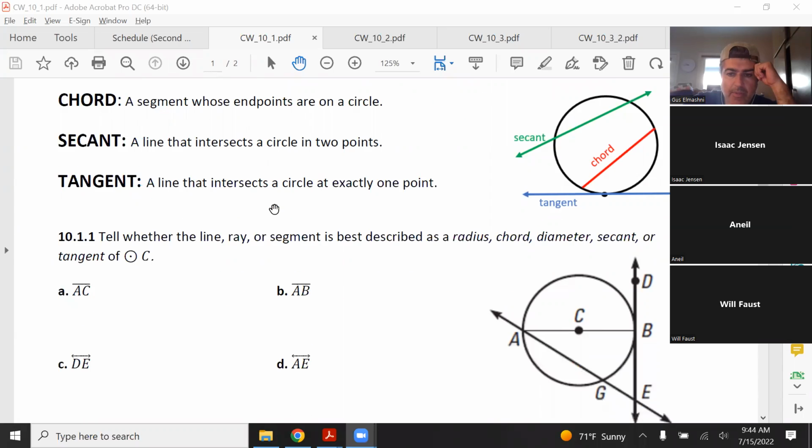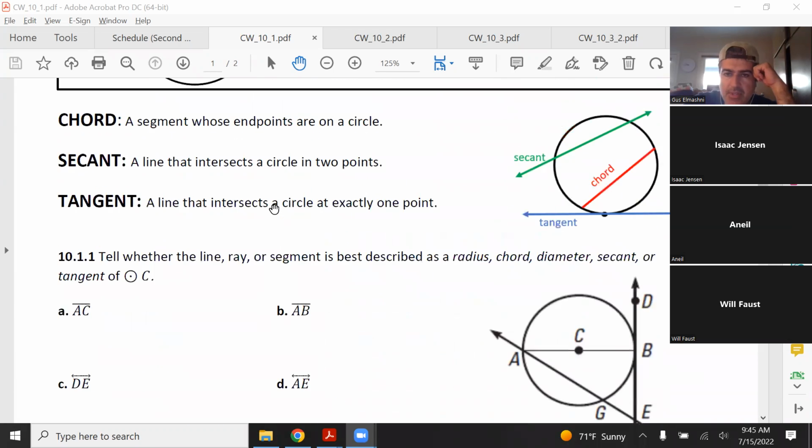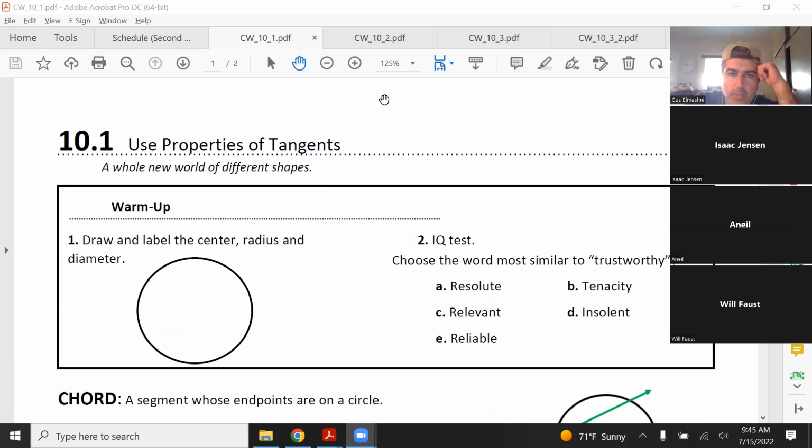Now, one thing that is important to know, which I'll discuss on the next page, but I'll just tell you right now. So let's draw a circle, something like that, right? And if I draw a line that touches in exactly one point, and if I put a center, there's a center.